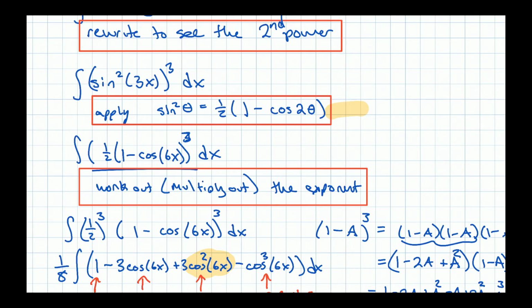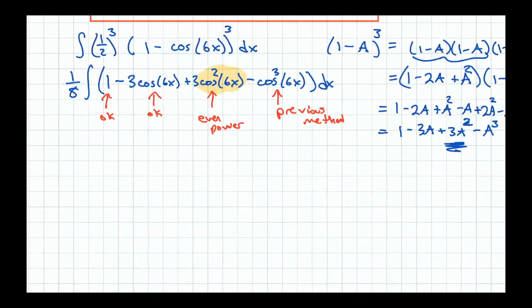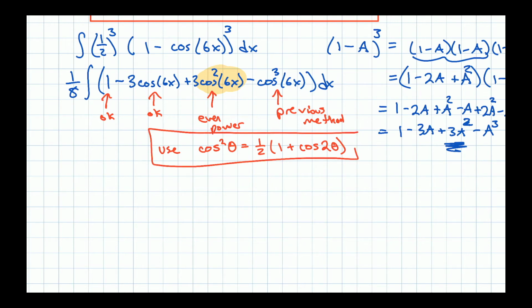We're going to have to use the one for cosine squared. And that's specific to this problem, okay? We could have gotten lucky and not needed it. But basically, with any even powers, you still have to do this again, okay? So all we're going to do here is use the same identity, but for cosines. So 1/2 (1 plus cosine 2 theta) is the identity we're going to use there.